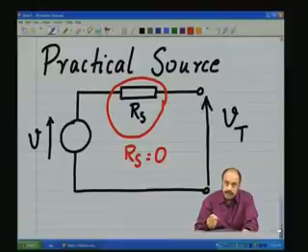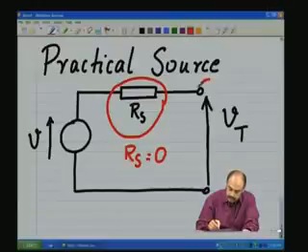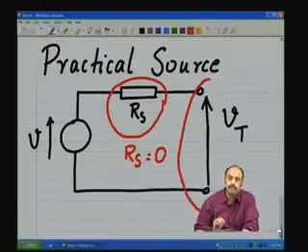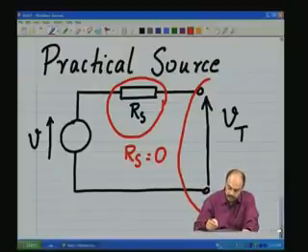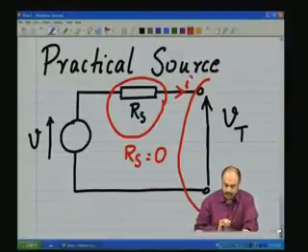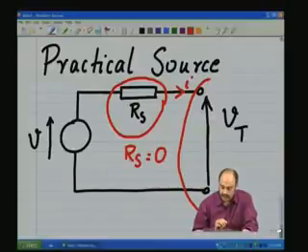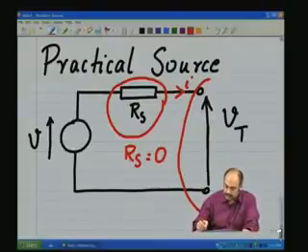So now the VI characteristic of the source has to be seen with respect to this point. So it should be Vt versus the current I which is flowing here. So now let us have a look at the VI characteristic of some practical sources.